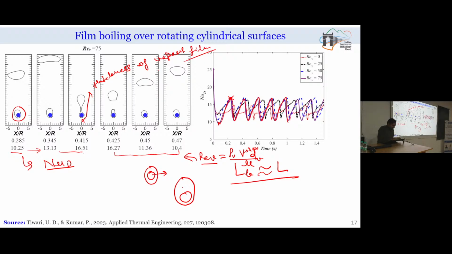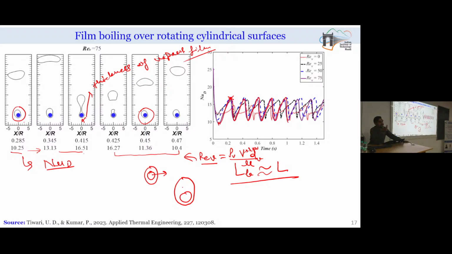In the other situation, when it has just departed and vapor has just started accumulating, the buoyancy effect is not high enough to pull the vapor in the upward direction, and the thickness of the vapor film around the heater is actually more, which increases the overall thermal resistance of this system.